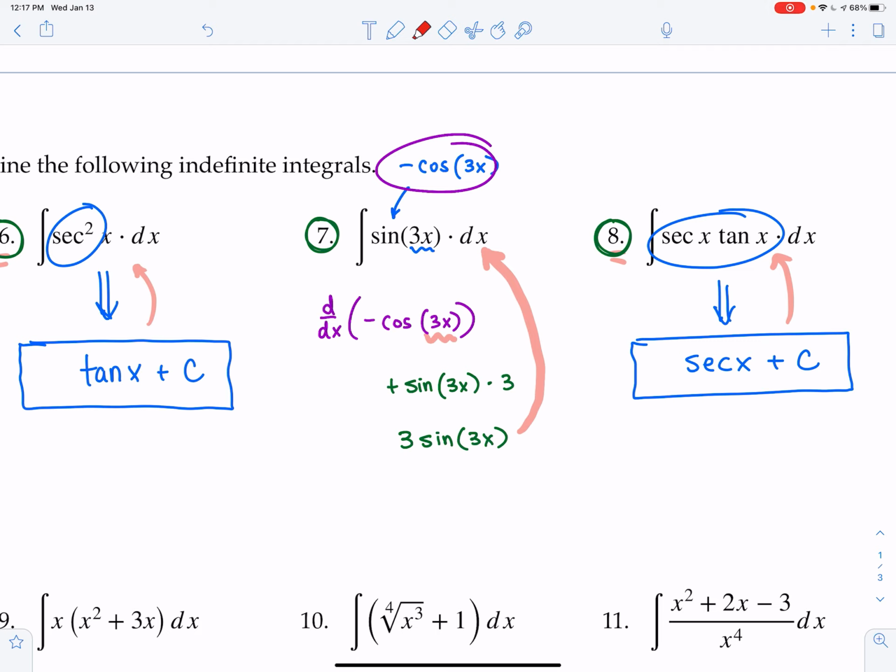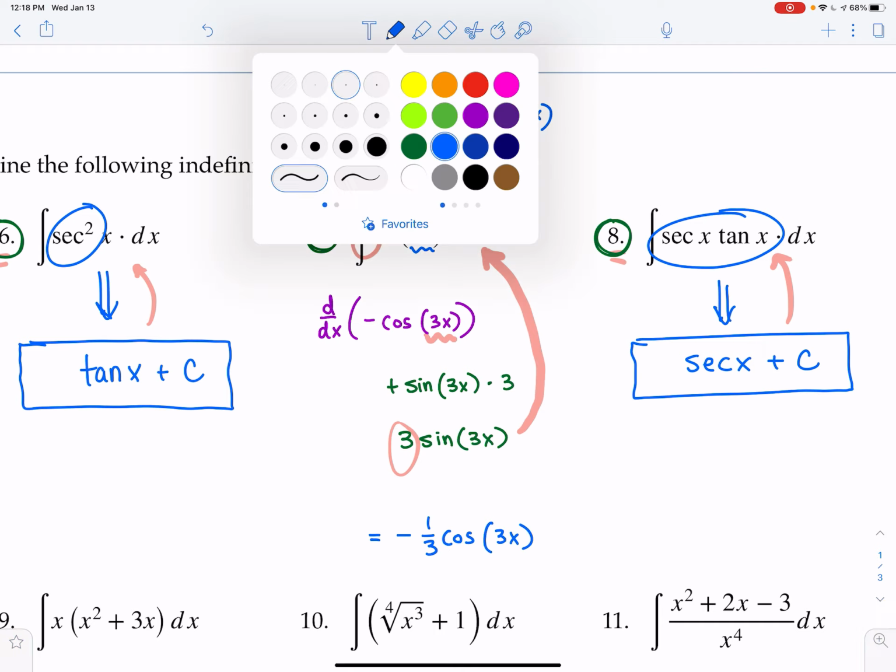But what I can do is I notice that my difference is only a constant. So how do I counteract a constant of 3 out in front? Well, I would put a negative 1/3 instead of a negative 1. And that counteracts right there. So my answer here is negative 1/3 cosine of 3x. And the way I check that is taking the derivative again.